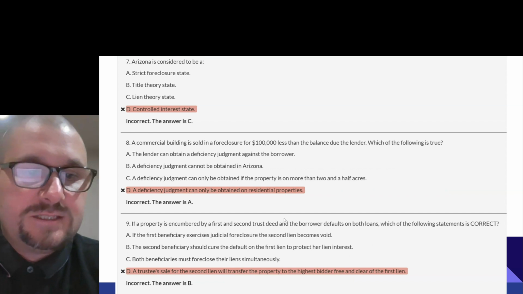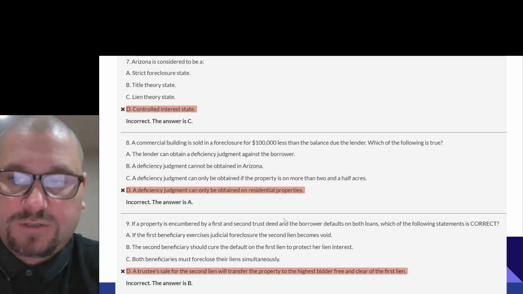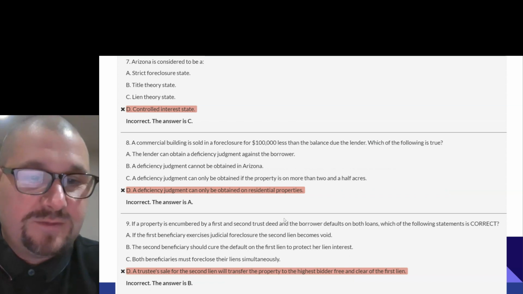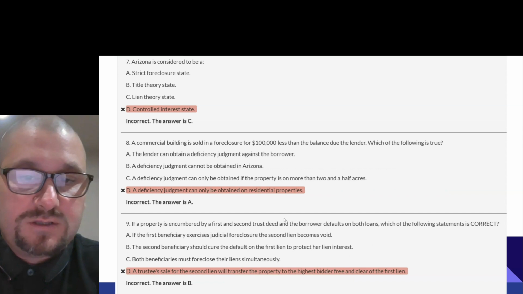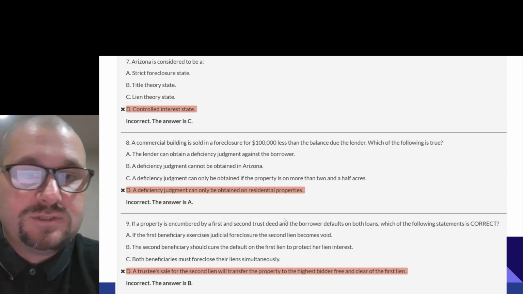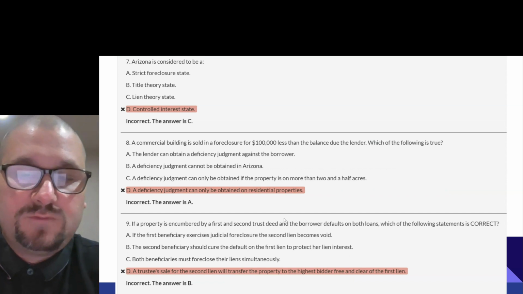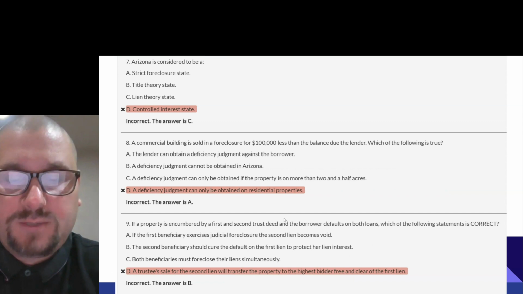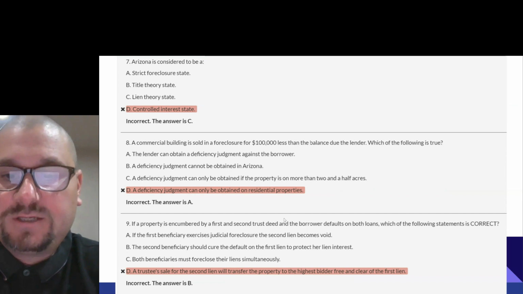The second beneficiary should cure the default on the first lien to protect her lien interest. A says if the first beneficiary exercises judicial foreclosure, the second lien becomes void? No. Both beneficiaries must foreclose their liens simultaneously? No. Trustee's sale for the second lien will transfer the property to the highest bidder, free and clear of the first lien? No.